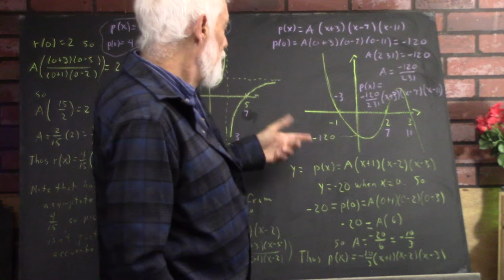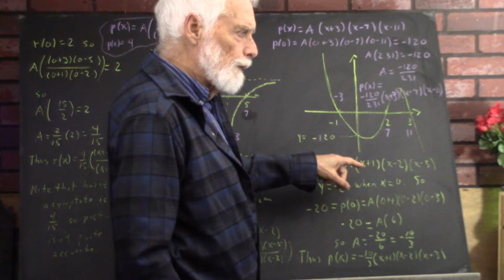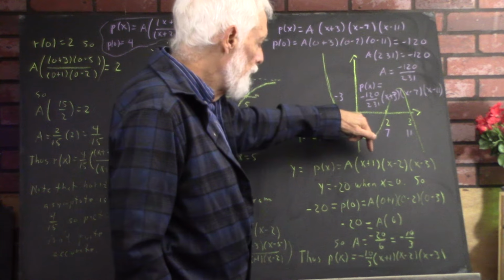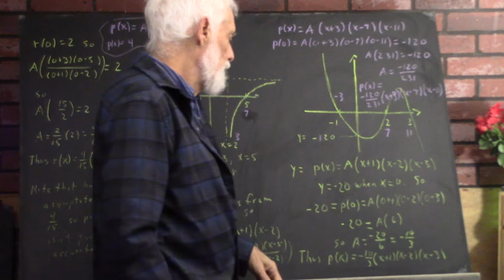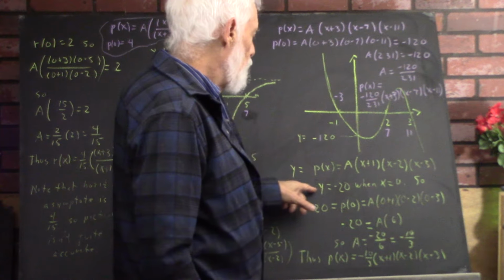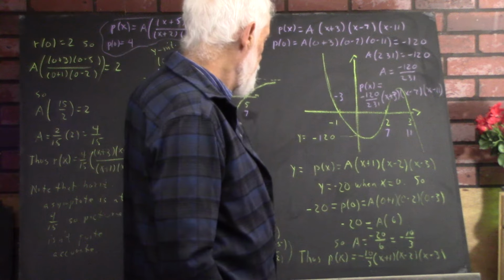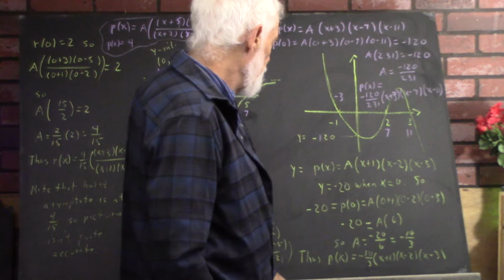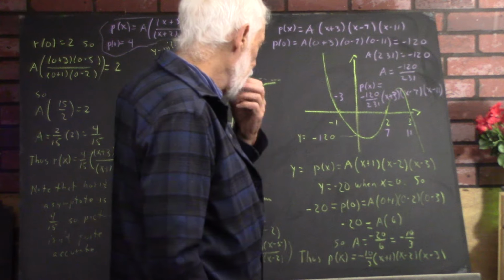We say, okay, here's our general form of a polynomial with zeros at -1, 2, and 3. y equals -20 when x equals 0 in this case. So we plug x equals 0 in here, and we're going to solve for a. It's very simple now.